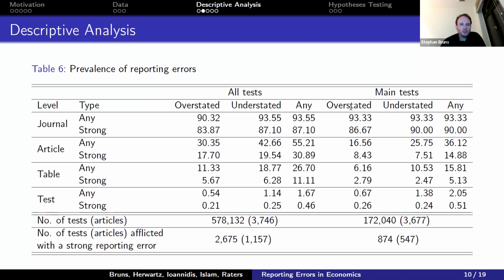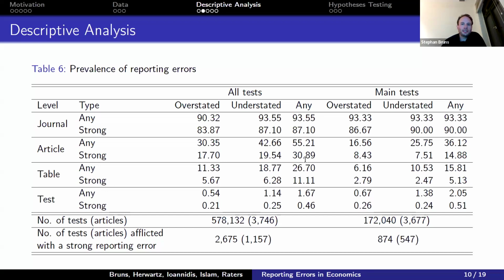So this is the main reporting errors result. I would like to focus here only on 2 numbers before going to the hypothesis testing part. I would like to focus here on the article level, and we can see that we have strong reporting errors for all tests in 30% of the articles, or 31% of the articles.